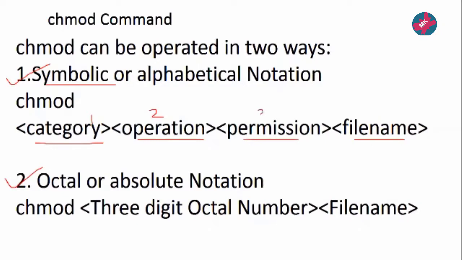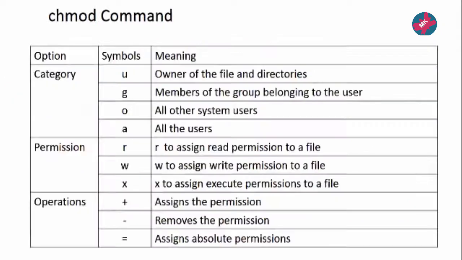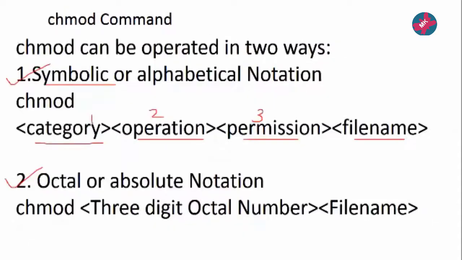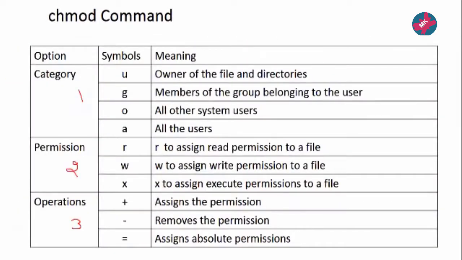Basically, in this table, first is category, second is operation and third is permission. The category includes u, g, o. u stands for the owner or the single user. g stands for the group. Then o stands for all other system users. Sometimes all these different types of users are collectively put as a, which means all the users.